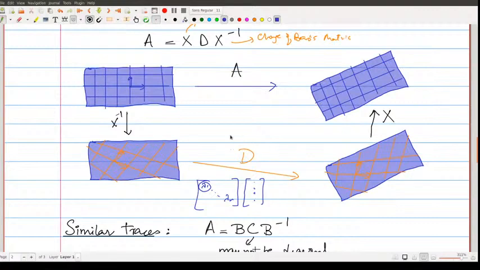In this transformation you're only scaling the eigenvectors, so if this was an eigenvector and this was an eigenvector, they will just be stretched or compressed, whatever the scaling might be. The nice thing about this characterization is that the D matrix will just scale the eigenvectors, and then you can reverse the process.